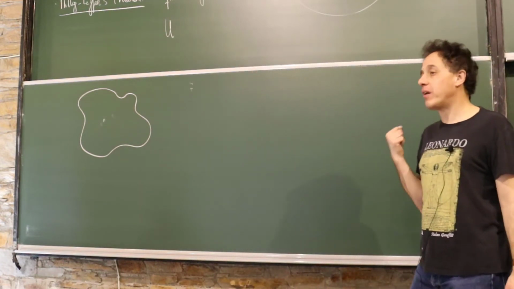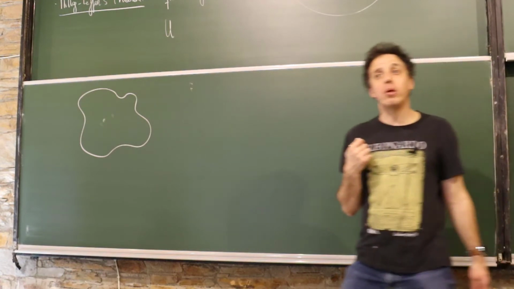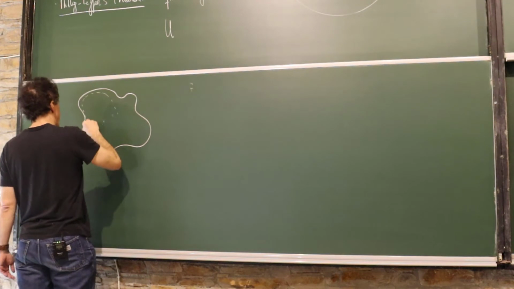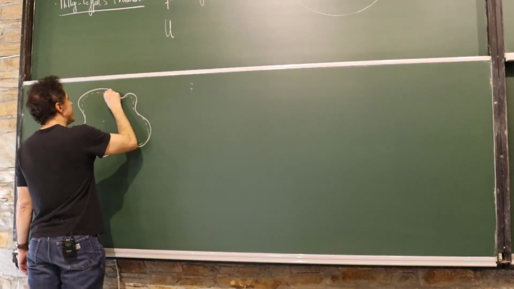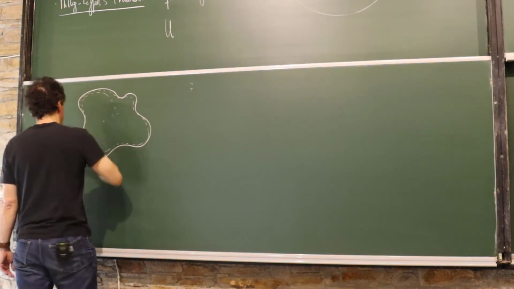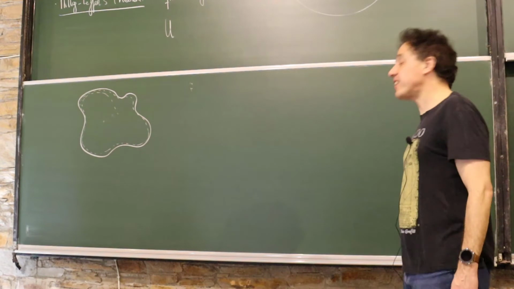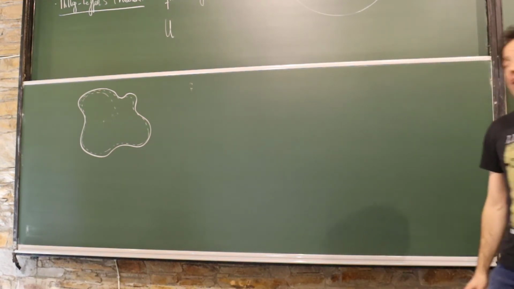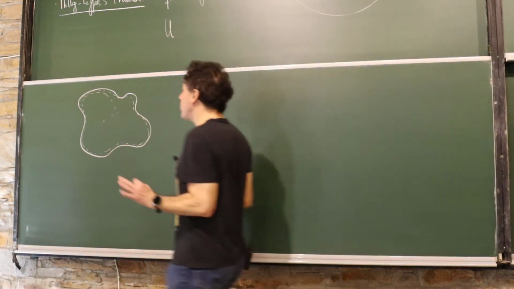You can imagine that you can take a sequence of points converging to the border like this. Take a countable sequence of points such that every point in the boundary is a limit point of this sequence. This can be constructed.